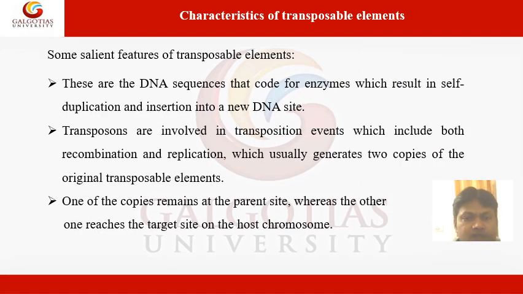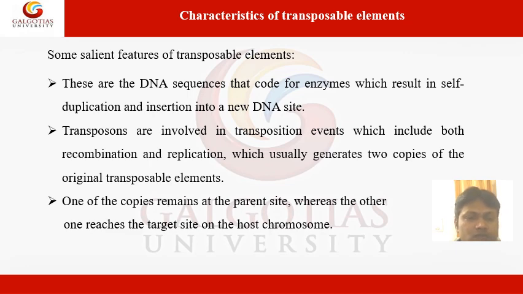Now the characteristics of transposable elements. Some salient features of transposable elements are as follows. These are DNA sequences that code for enzymes which result in self-duplication and insertion into a new DNA site.